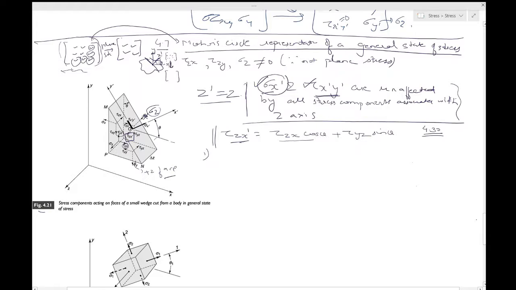The first point is that the results given by equation 4.25. Can we see equation 4.25? Please check in your textbook. Equation 4.25 has sigma x dash, tau x dash y dash, and sigma y dash.